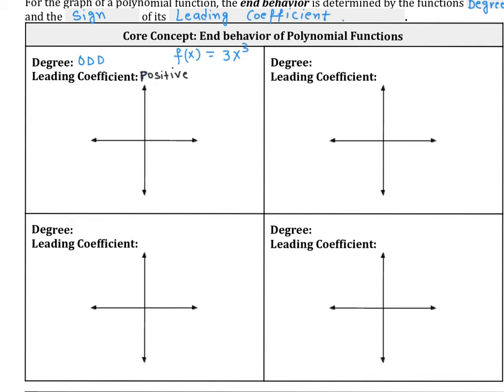So what we have here is the function f of x equals 3x cubed. Function means y value. And the leading coefficient is positive. So the graph of the function x cubed, if its leading coefficient is positive, rises from left to right. So what is happening on the left side?